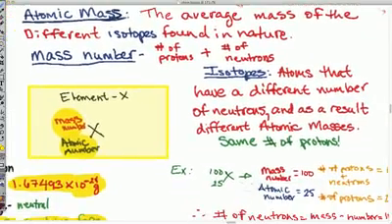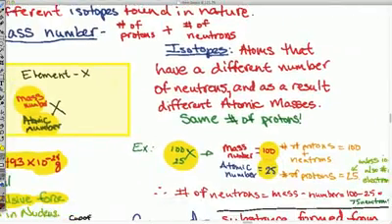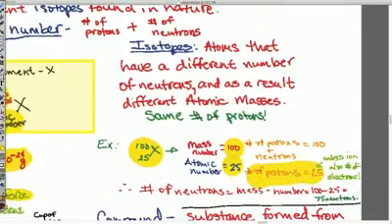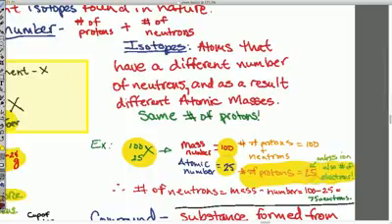So for instance, let's say we have this scenario here in which we have element X that has a mass number of 100 and an atomic number of 25. Well, all you do is you look at the atomic number, and that'll give you the number of protons, which is 25, and also it'll give you the number of electrons, provided it's not an ion of any kind.